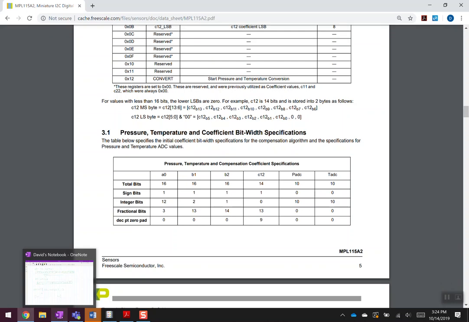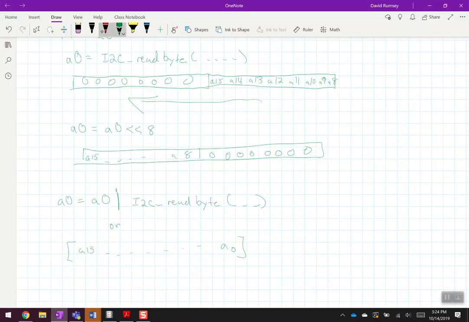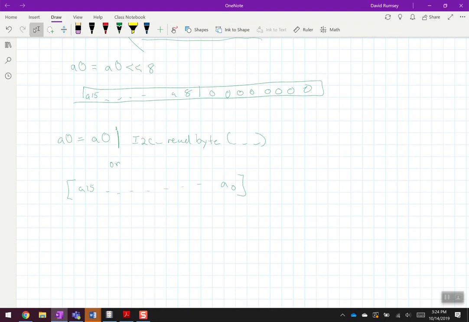So what we're going to do here is say that A0 coefficient is going to be this data that we've read in as A0. First off, I'm going to cast it as an integer, A0, and I'm going to divide it by 8.0.